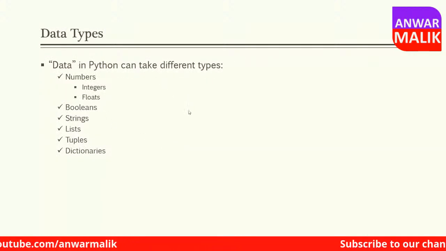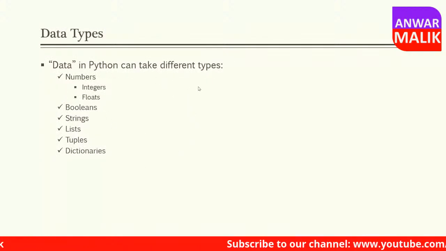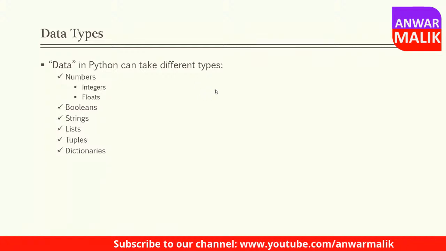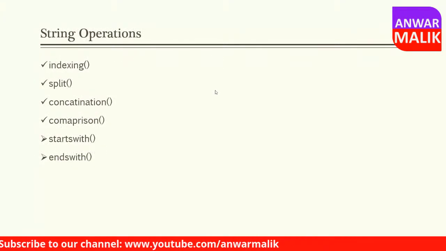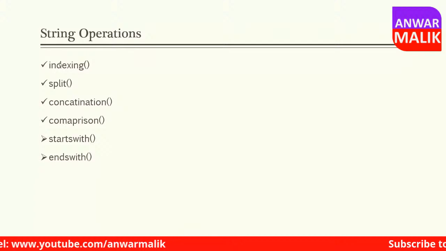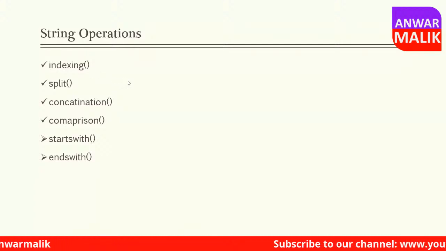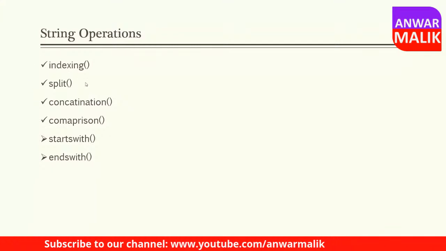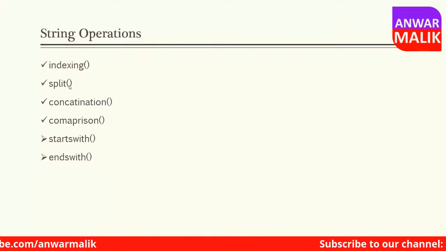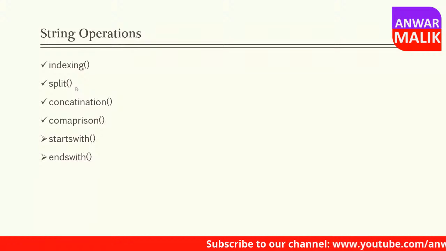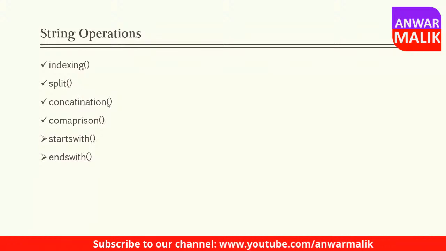We have already discussed the data types, so I will not talk more about them. These are the operations that we talked about for strings in the last session, the ones that I have tick marked. Indexing, we talked about how to index a string, how to split a string based on some character, and how we can combine two strings.